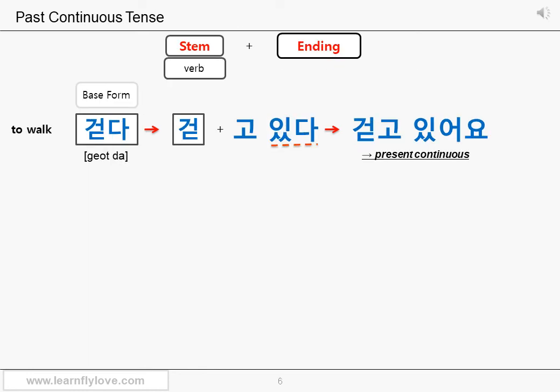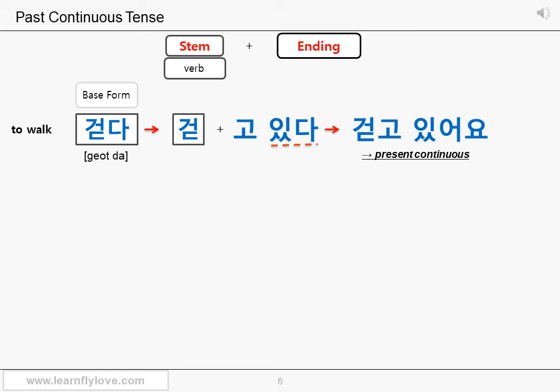Let's learn how to make the past continuous tense as though you say, I was doing something. This is almost the same as the present continuous tense that you learned. You just need to add a past tense indicator. Let's use the verb 걷다, to walk, again. In order to put the stem in the present continuous tense, you basically need to add 고 있어요, right? 걷고 있어요.